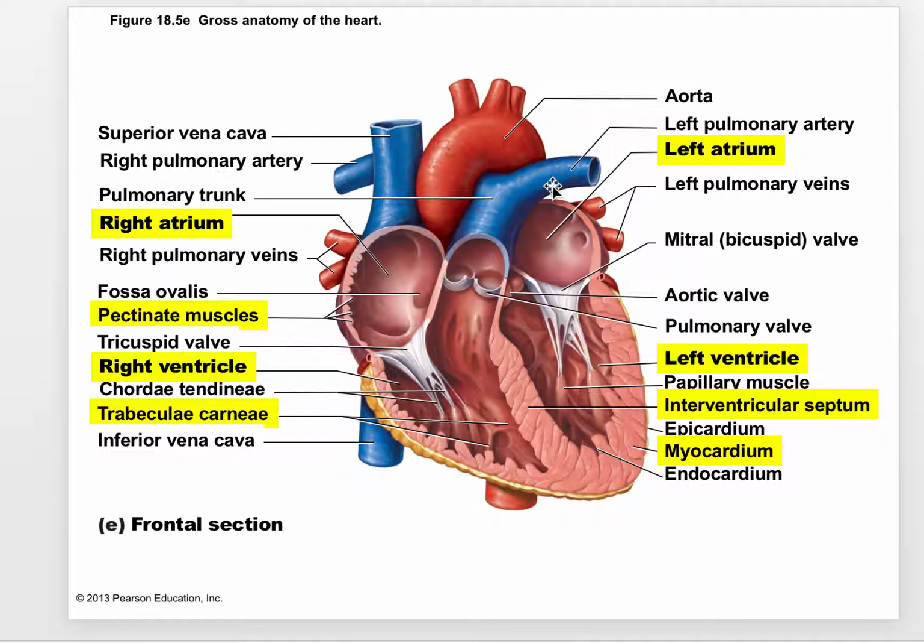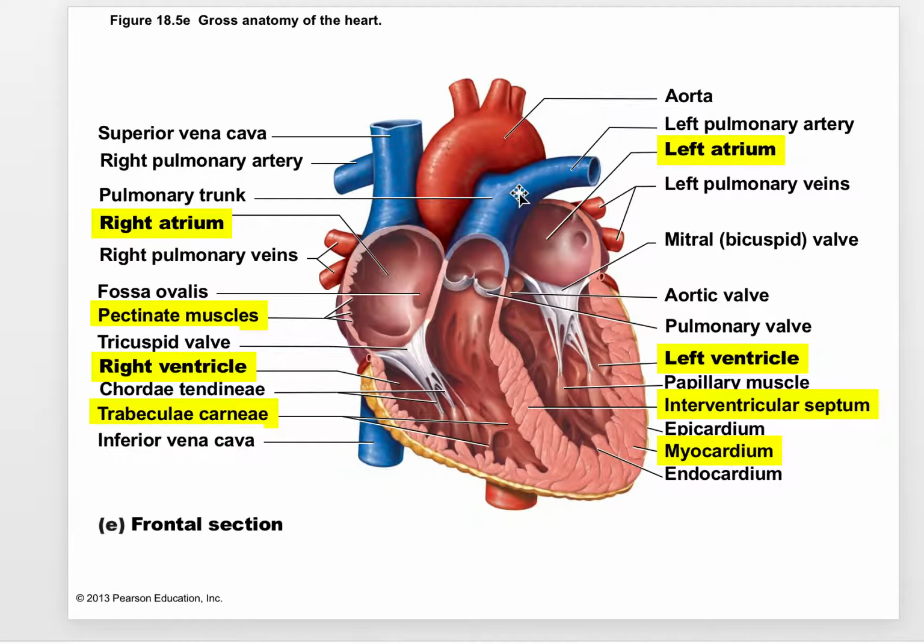This is a little bit unusual in that normally you think of arteries as being red and having oxygen-rich blood, and veins are typically referred to as being blue and having oxygen-poor blood. That's true except for the heart arteries and veins.